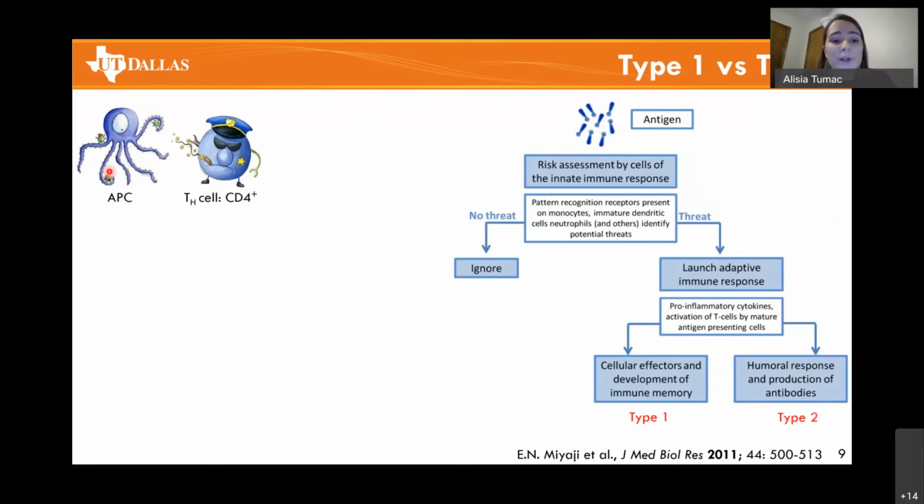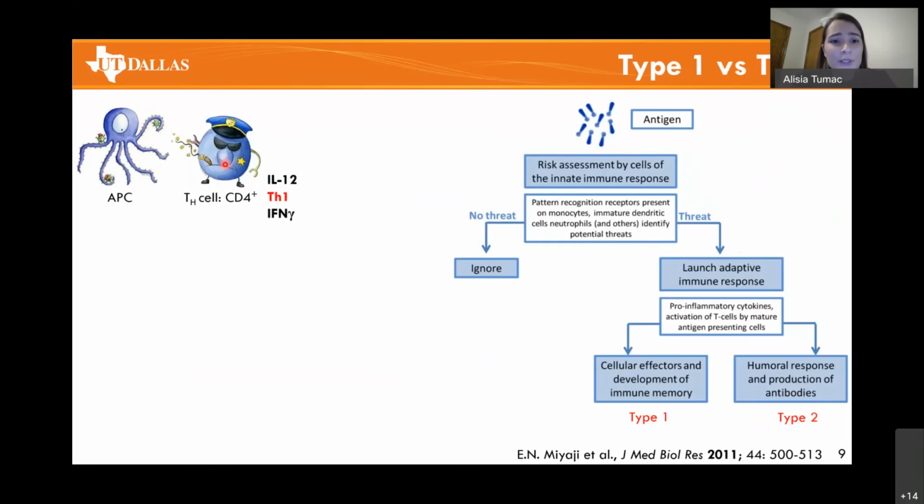And then you have T helper cells or CD4 naive T cells. They come over and then they read these immunological synapses, and they decide whether to induce a type 1 or a type 2 immune response.